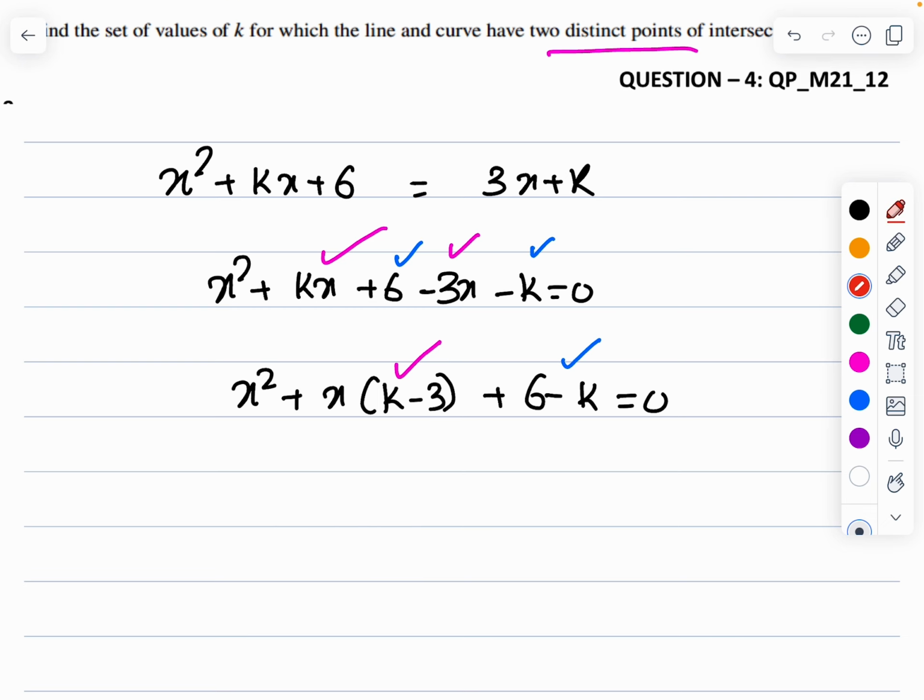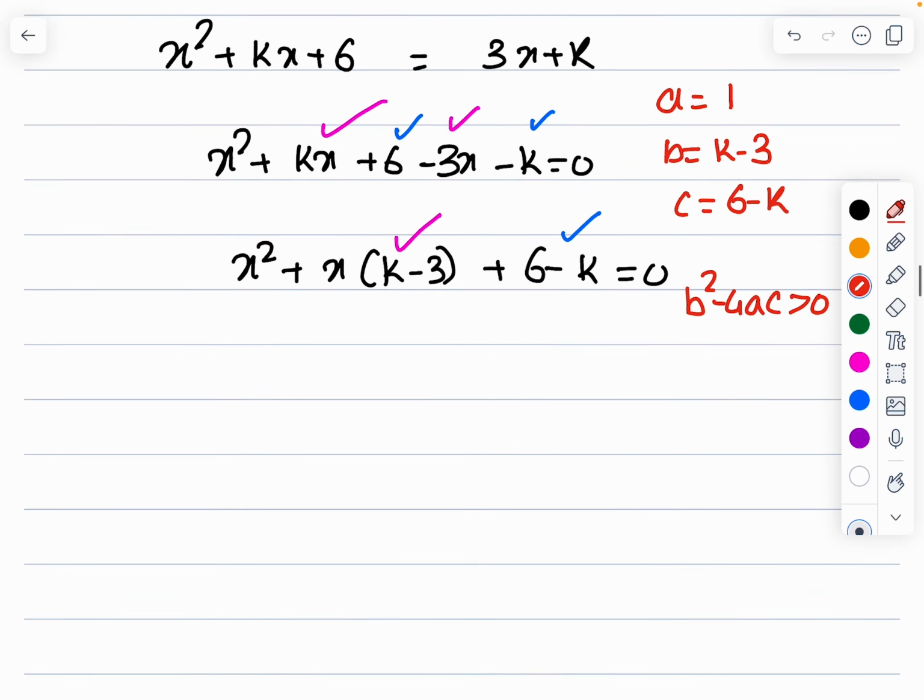Two distinct points. So again a is 1, b is k − 3, c is 6 − k. Two distinct points means b² − 4ac is greater than 0.